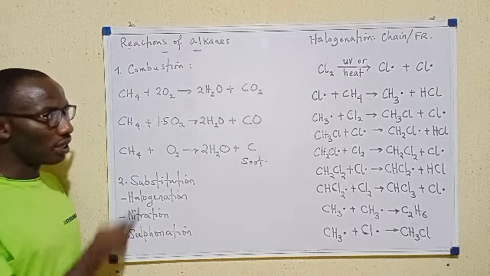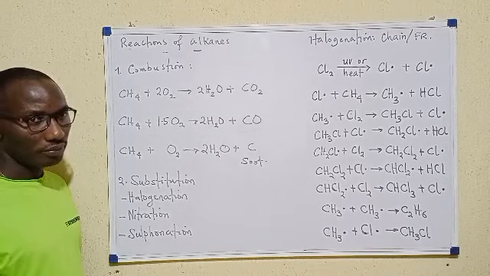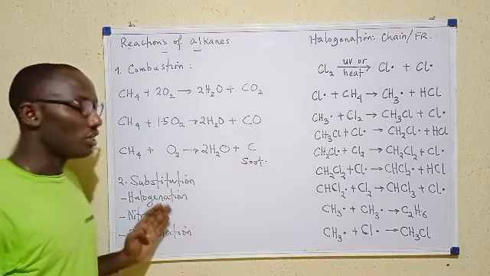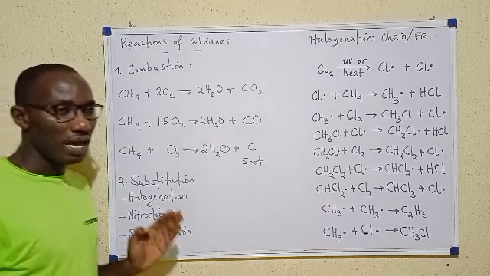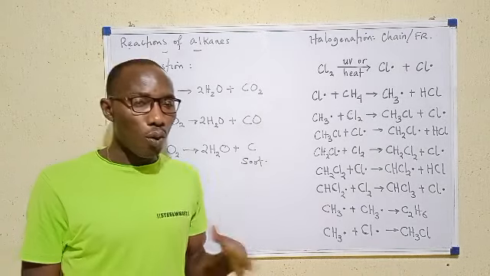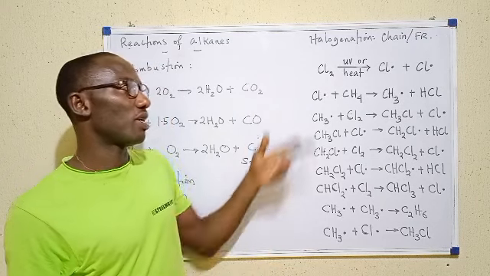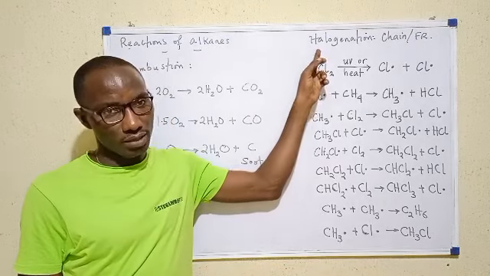The first one, halogenation. A halogenation reaction for an alkane is a reaction in which the alkane has one or more of its hydrogen atoms being replaced by halogen atoms.